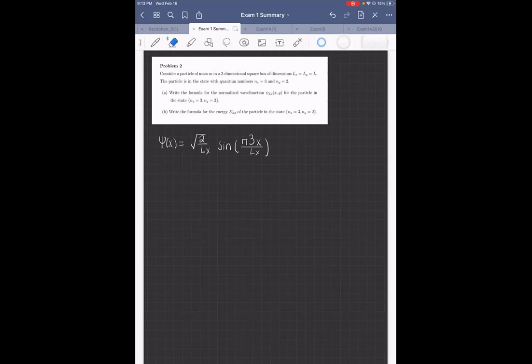In the y direction, it's the same wave function, except with Ly, and it's going to be sine of pi, and the quantum number is 2 this time, 2 pi y over Ly.